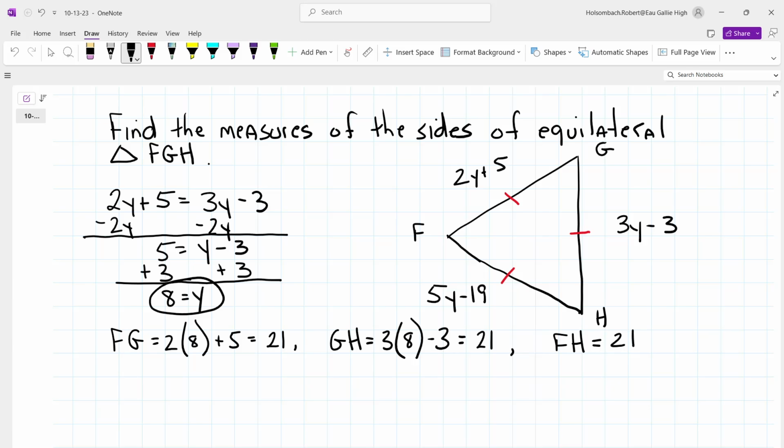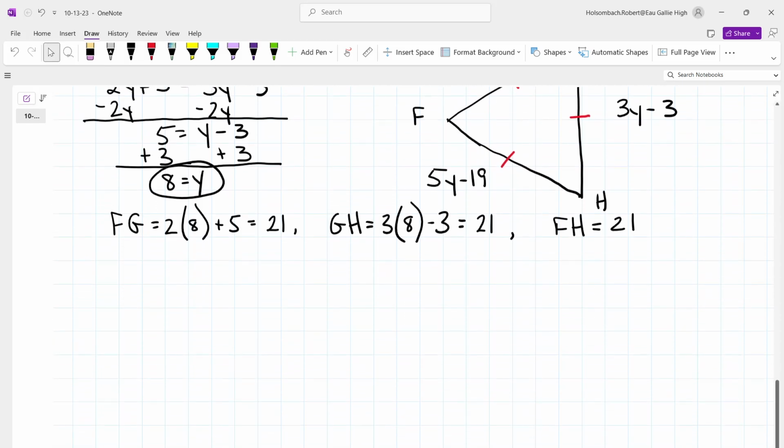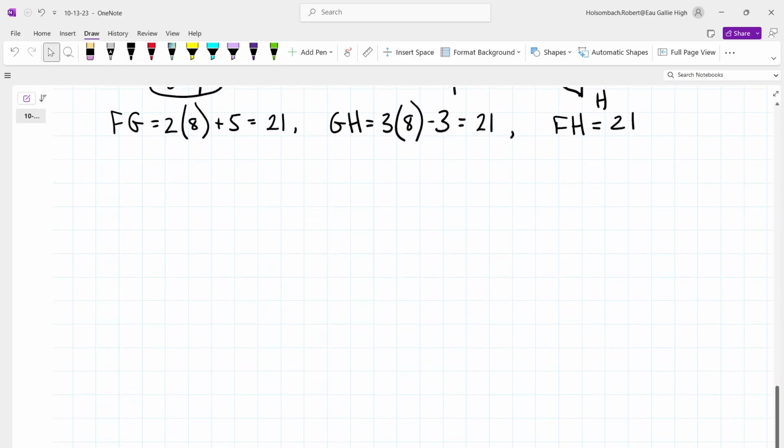All right. So any questions on finding side lengths and classifying triangles today? All right, then your assignment for today is going to be on page 240.